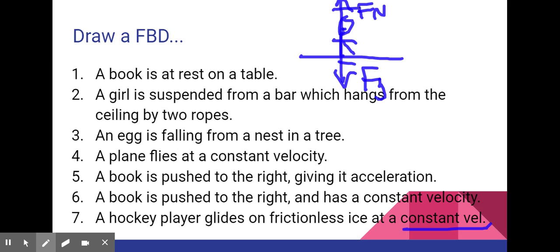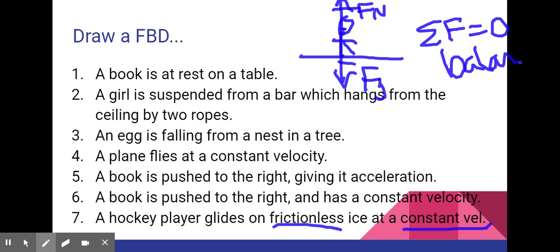They're moving at a constant velocity, so that would mean that you have no forces in the x direction. It's frictionless and constant velocity, which means that the sum of the forces has to equal 0. It has to be balanced. Constant velocity has to be zero net force and balanced.